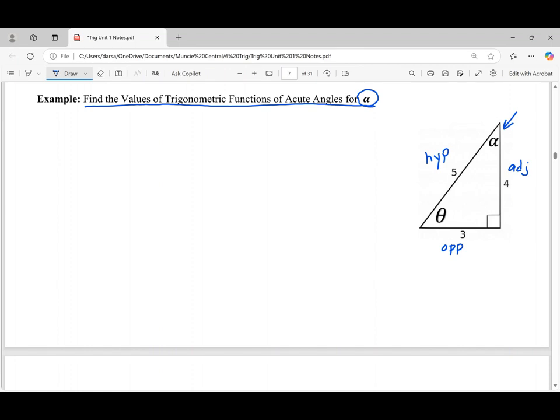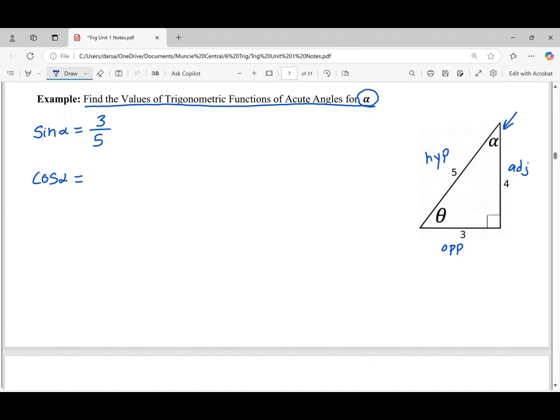So let's see if we can come up with what are the 6 trigonometric functions for alpha. So the way we do this is we write sine of alpha. And then what is sine? Opposite over hypotenuse. Well, the opposite side is a 3 and the hypotenuse length is a 5. So the sine of alpha is 3/5. Cosine of alpha.